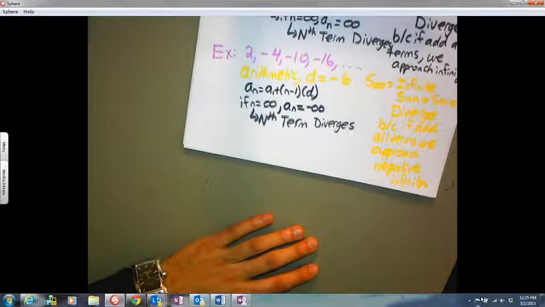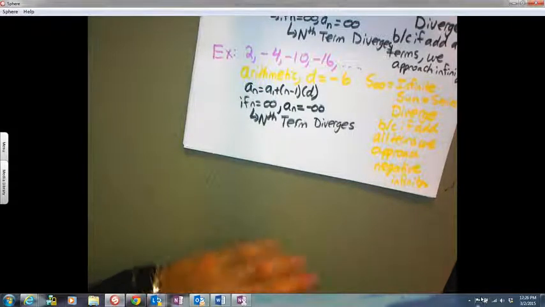Like if it goes 8, 4, 2, multiplying by 1/2, that's geometric. If you mean arithmetic, like 7, 5, 3, 1, if I keep going, negative 1, negative 3, negative 5, it keeps going to negative infinity.